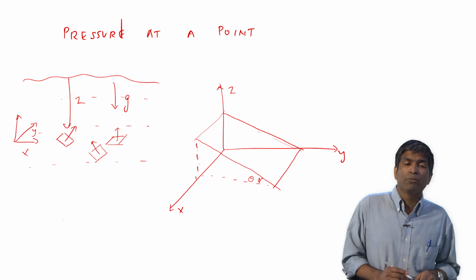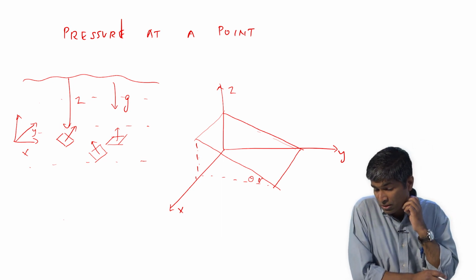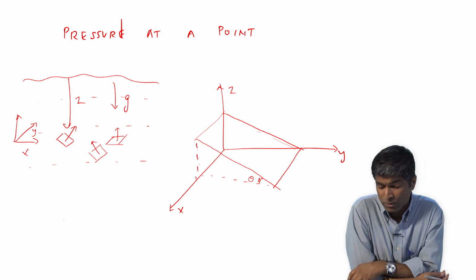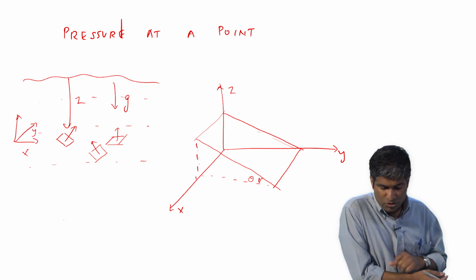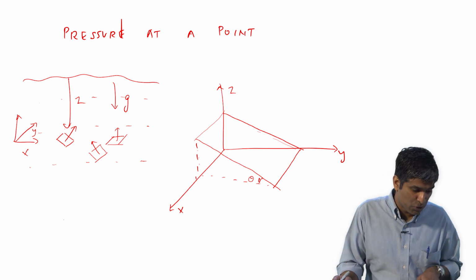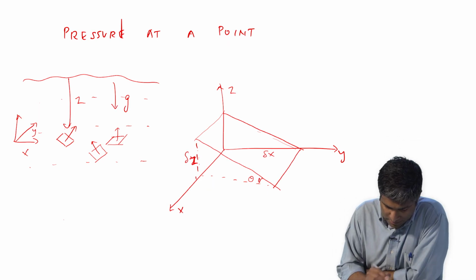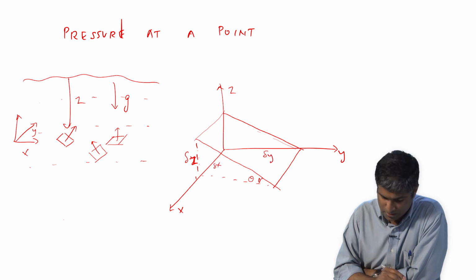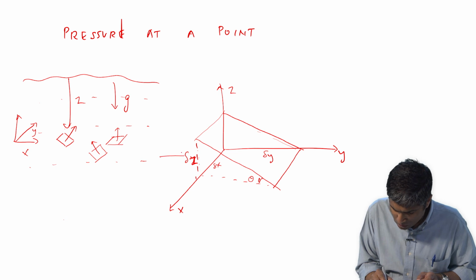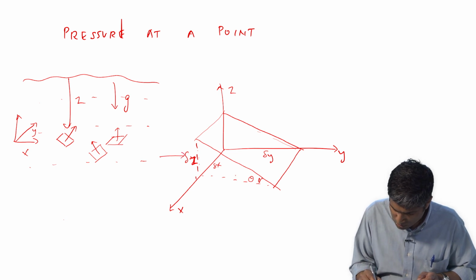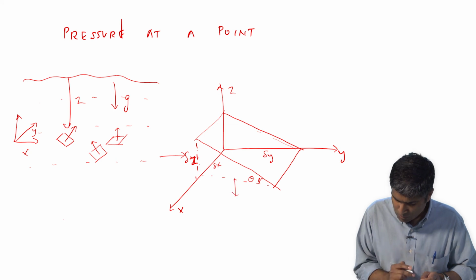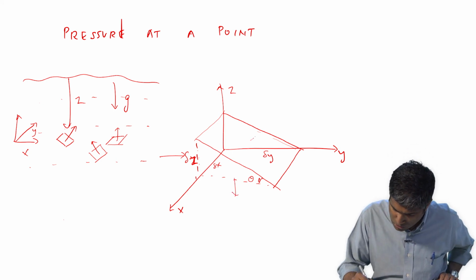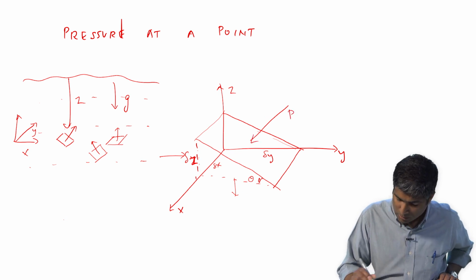So we'll do the first of our free body diagram analyses that we'll do throughout the course. Ultimately, this course is a course in mechanics. We are going to do F equals ma a million times. In this case, we are going to do F equals ma for a stationary object. So let's say this height is delta Z, that length is delta Y, and this is delta X. There's a force acting on the faces which are aligned to the XY plane, and then there's this normal force acting on the inclined surface.